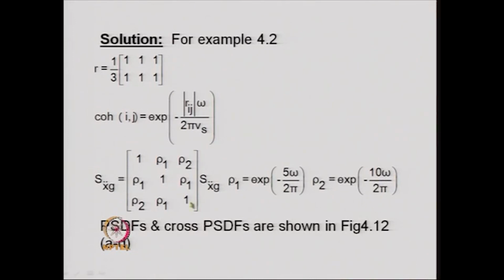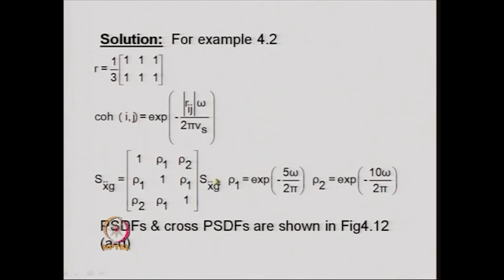So, with those values of rho 1 and rho 2, one can obtain the cross power spectral density function matrix of excitation. So, this is the cross power spectral density function between support 1 and 2, and this is between support 1 and 3.